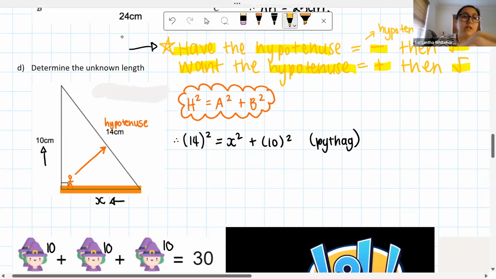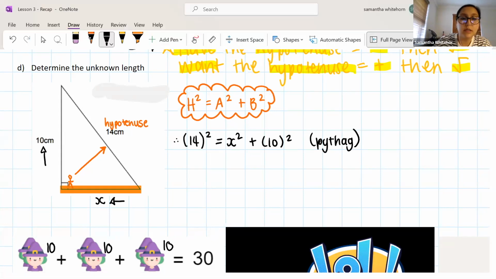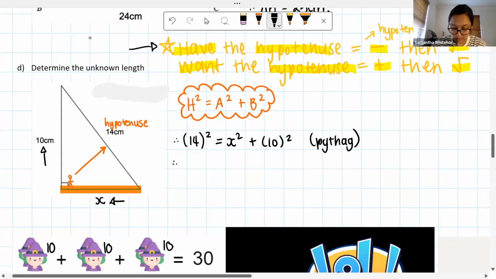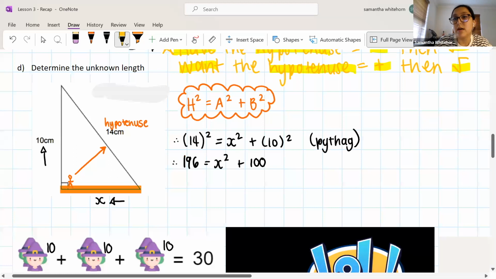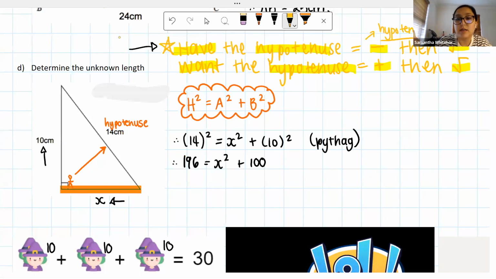Okay, so if we go and do our inverse operations here, 14 squared is 196, if I remember my squares. 196 is equal to x squared plus 100. So as I was saying, it is always hypotenuse minus the other side.